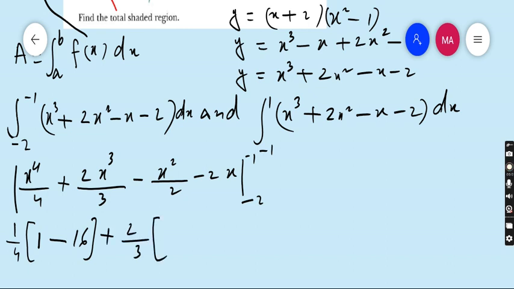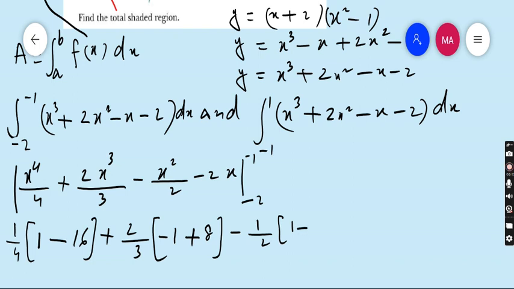Apply the limit on x cubed. Upper limit is minus 1; minus 1 cubed is minus 1. Minus, from the formula, lower limit is minus 2; minus 2 cubed is minus 8, so minus minus is plus 8. Minus 1 upon 2 x squared. Upper limit is minus 1; minus 1 squared is plus 1.